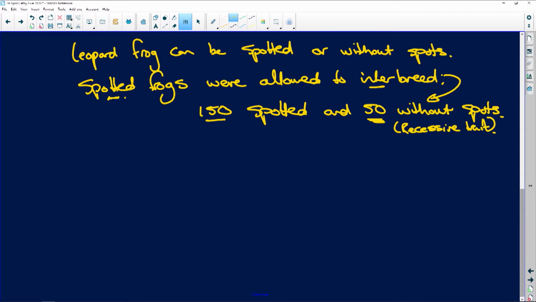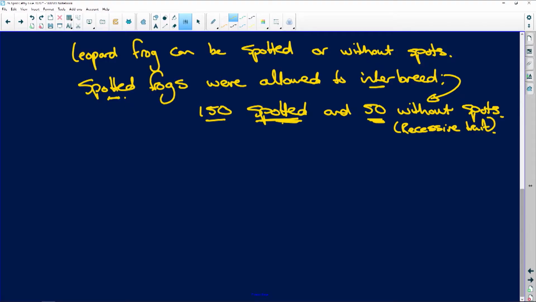Because if the parents are spotted and if they were pure, then they would only ever have spotted babies. But if they were heterozygous, it would result in 50, which is a quarter? It's 1/5 that end up being not spotted.